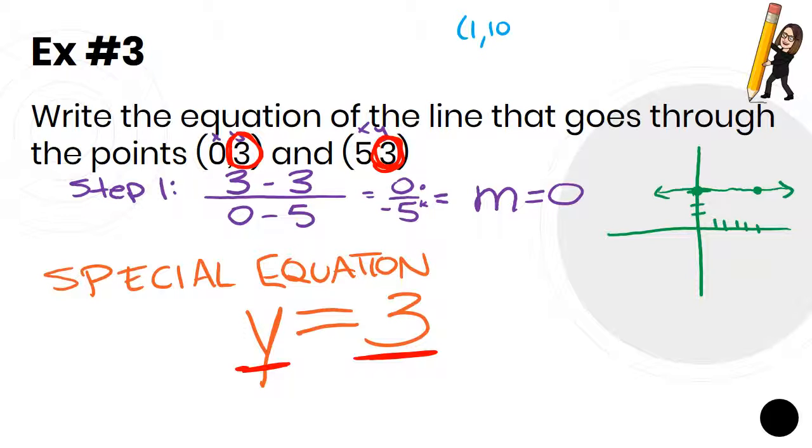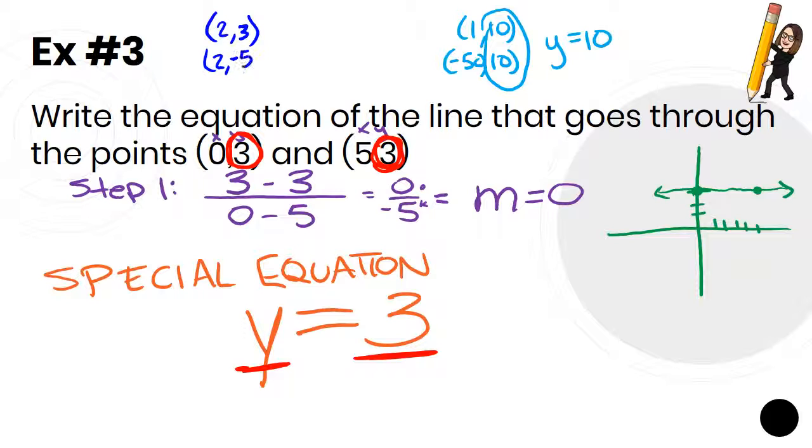If I had 1, 10 and I had -5, 10, if the y's are the same, that'd be y equals 10. Isn't that handy? The same applies. What if I have 2, 3 and I have 2, -5? The x's are the same. So guess what? It's x equals 2.